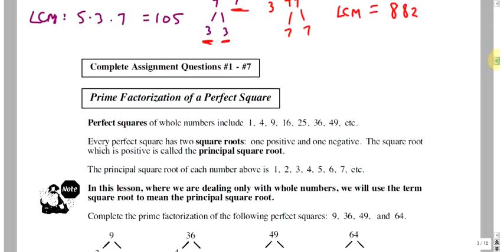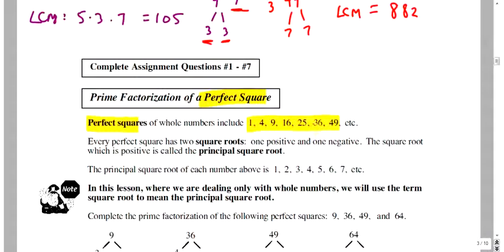Okay, we're not done yet. Perfect square. How are we doing? Lots of time. You remember what a perfect square is? These are perfect squares. Why are they perfect squares? Because they're nice to take the square root of. If I take the square root of 49, it's a nice whole 7.